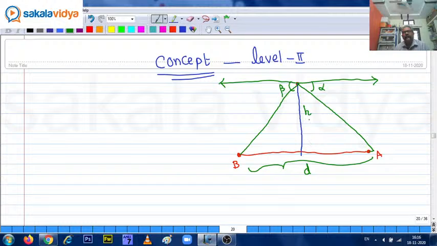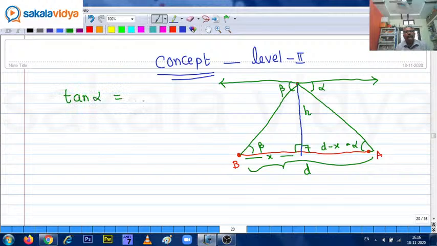So we need to find out the h value now. How to find out the h value? See, very simple. If it is alpha, this is also alpha. Obviously 90, this is also 90. Say beta. Suppose this distance is x, then this will be d minus x. Total is d. So from this triangle apply tan alpha.